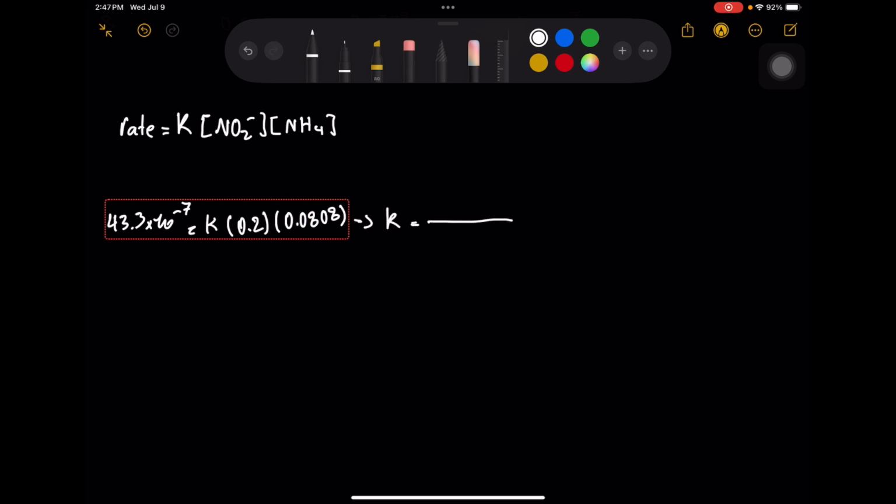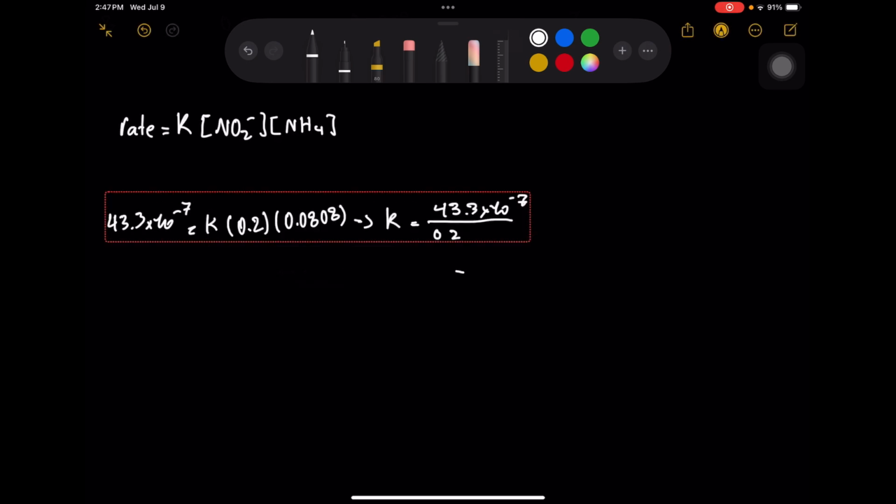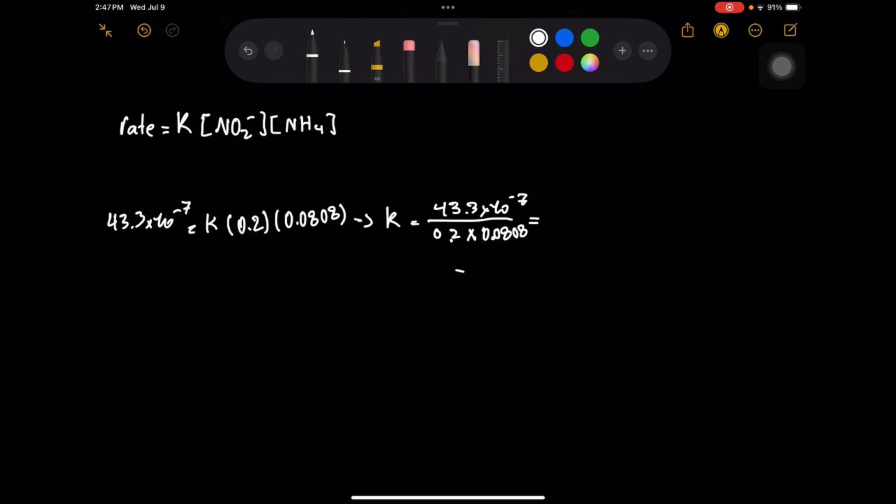We just say k equals 43.3 times 10 to the power of -7 divided by 0.2 times 0.088. Sorry guys. So the answer is 2.68 times 10 to the power of -4 molar per second.